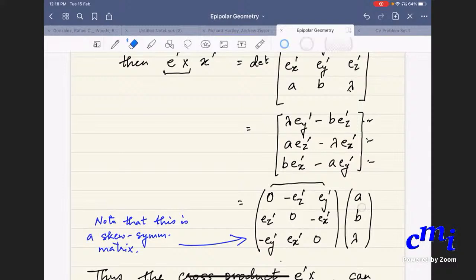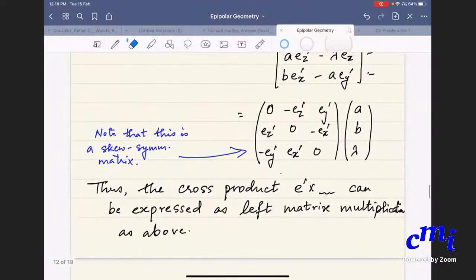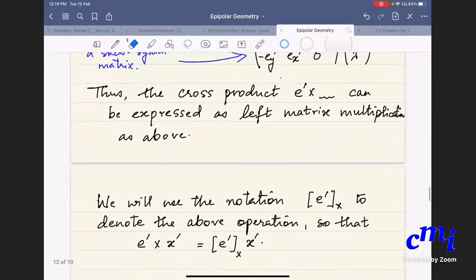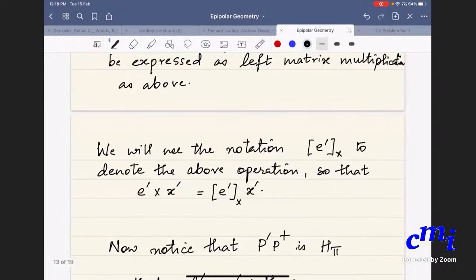This is something we'll be using all the time from now on: the cross product is expressible as a matrix multiplication. This matrix we will denote by E prime cross.